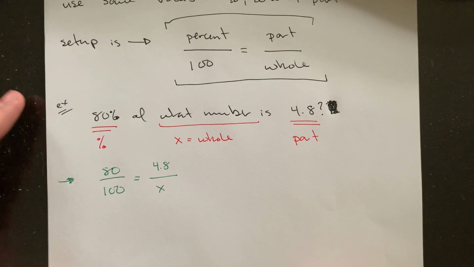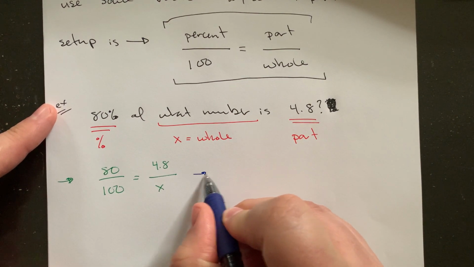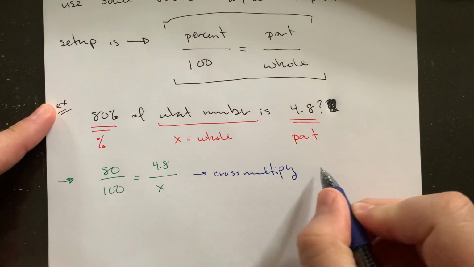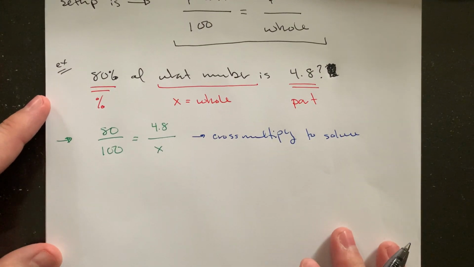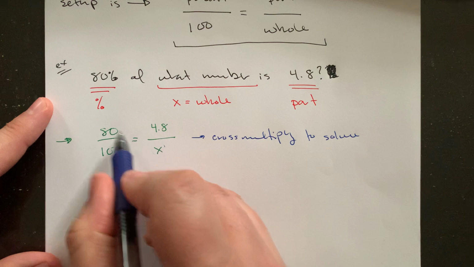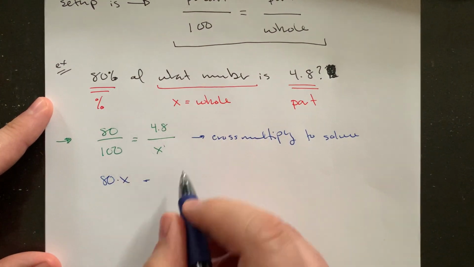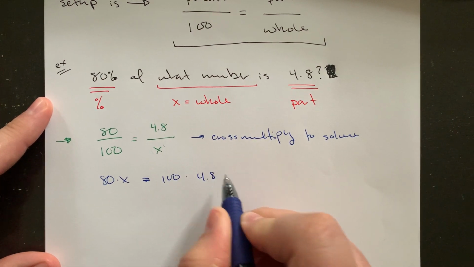So I just get a pretty standard proportion. I'm just going to solve it by cross multiplying. So for us, this is going to be 80 times x equals 100 times 4.8.